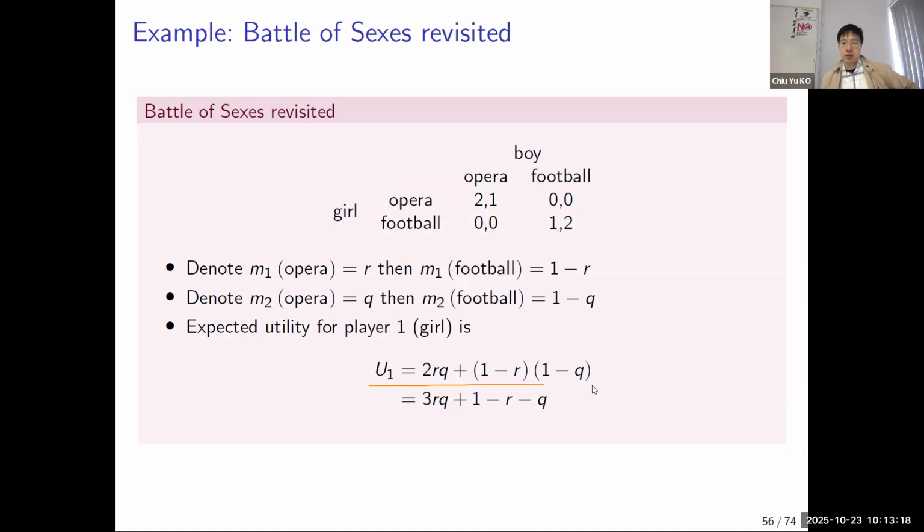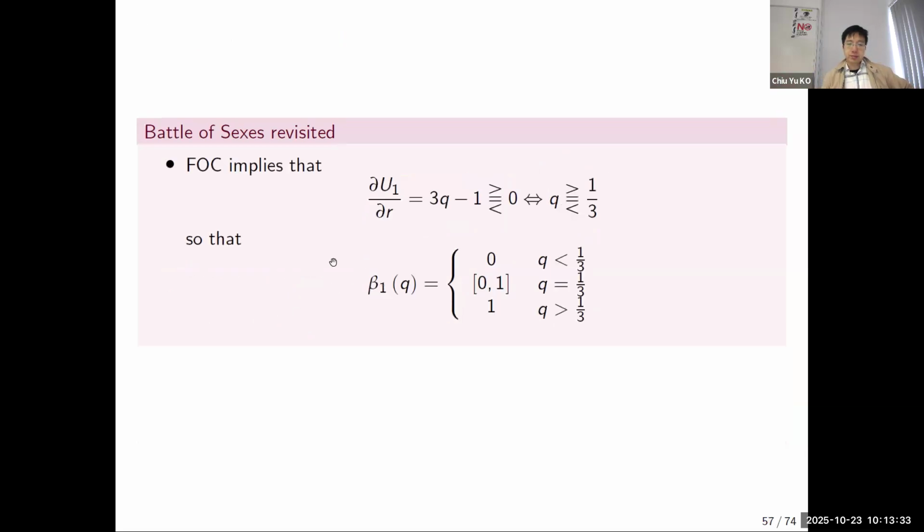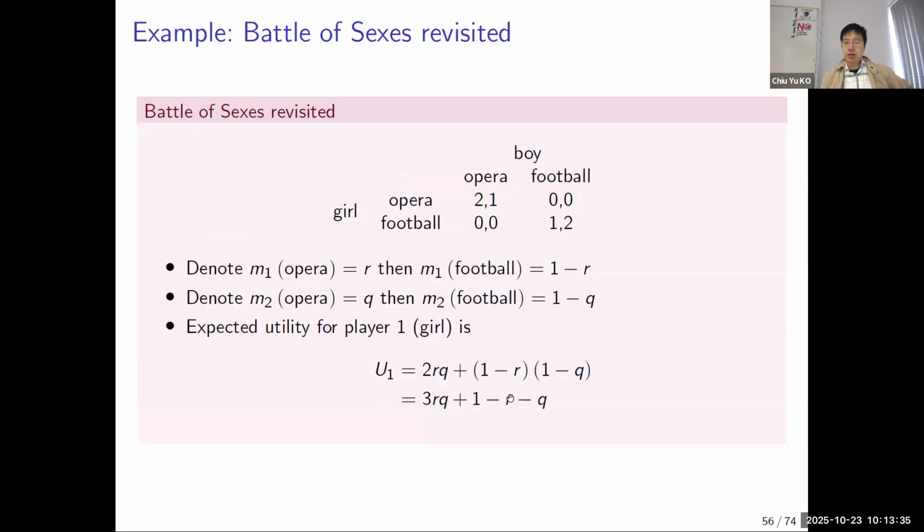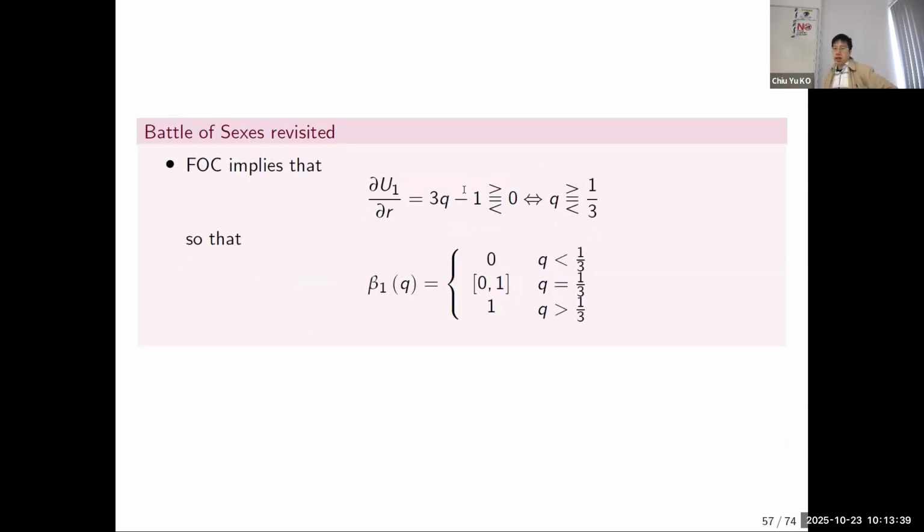So you can see this is the payoff. Remember, player 1 chooses R, the girl. So just choose R to maximize this expected utility. You differentiate with respect to R, and it would be 3Q minus 1. Okay.